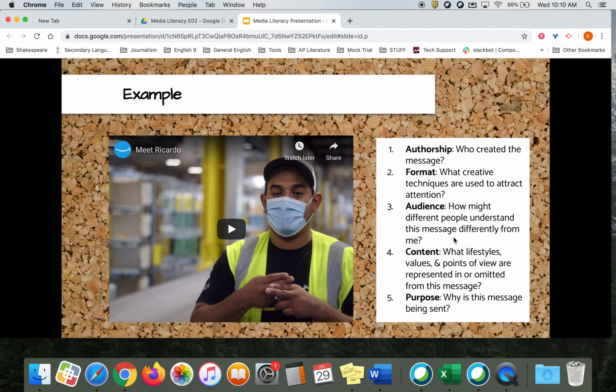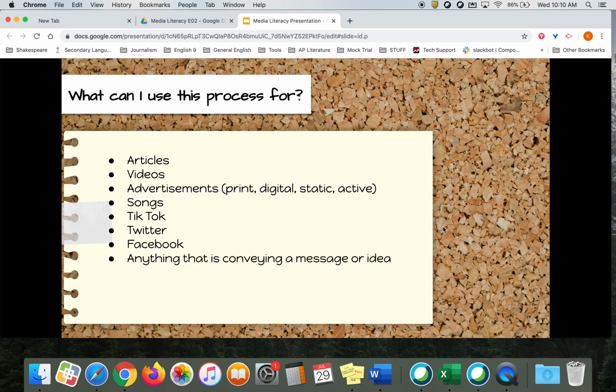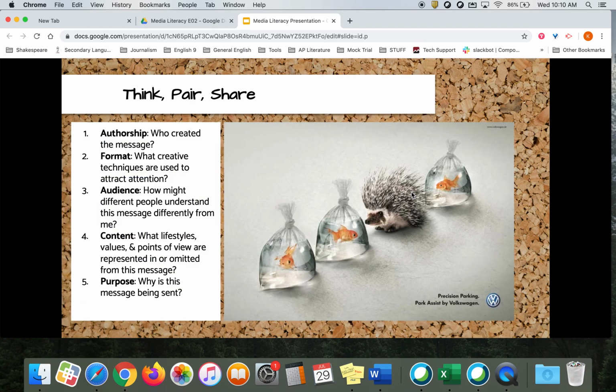And so I thought that it would be good to go through this together as a class and delve into these questions together as a beginning point. Then we would talk about what we use the process for in different ways and basically for everything, but I wanted students to be able to see that.